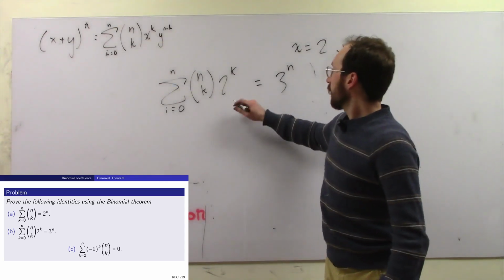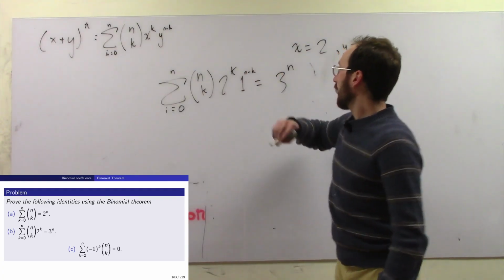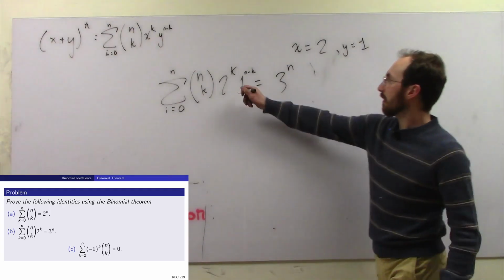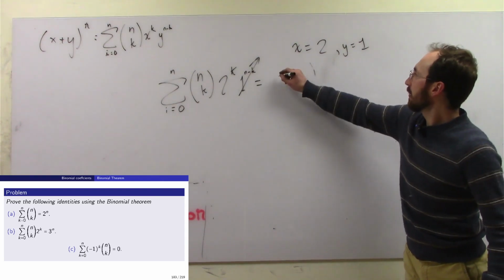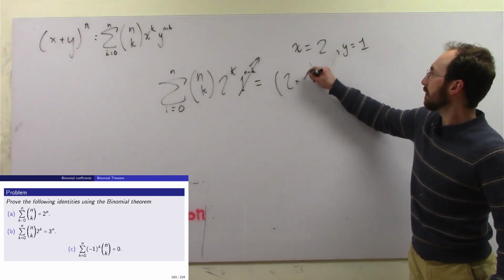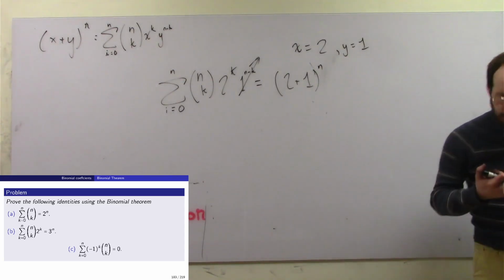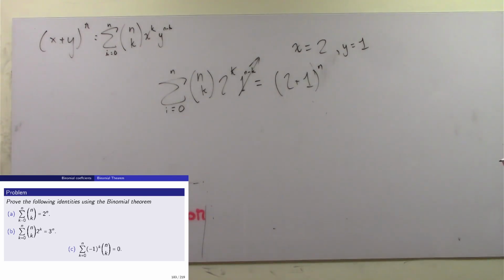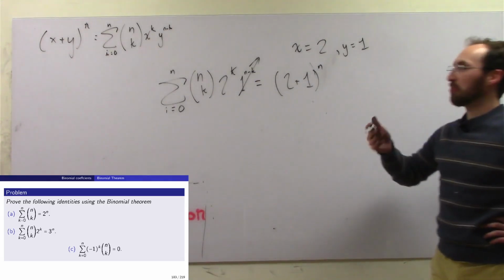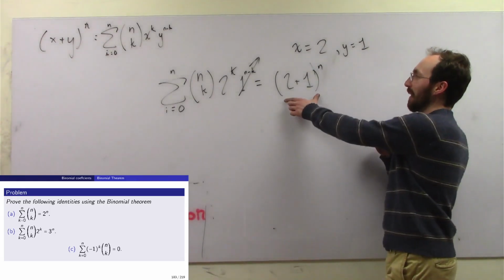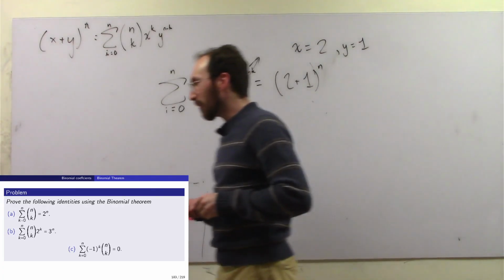Then the 1 raised to the n minus k just goes away. And 3 to the n is the same as 2 plus 1 to the n. So we get this really weird formula. It works out. You can write a power of 3 as this sum involving binomial coefficients.